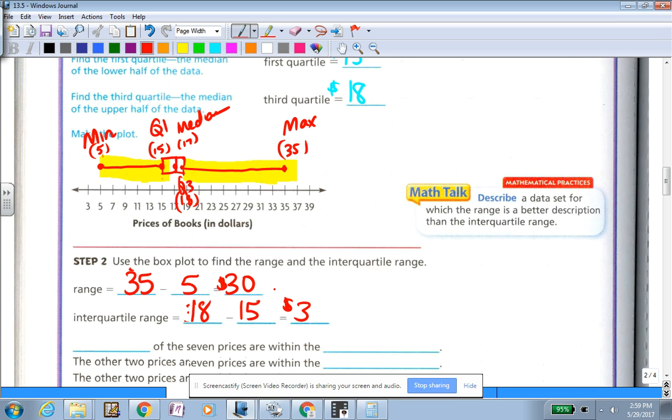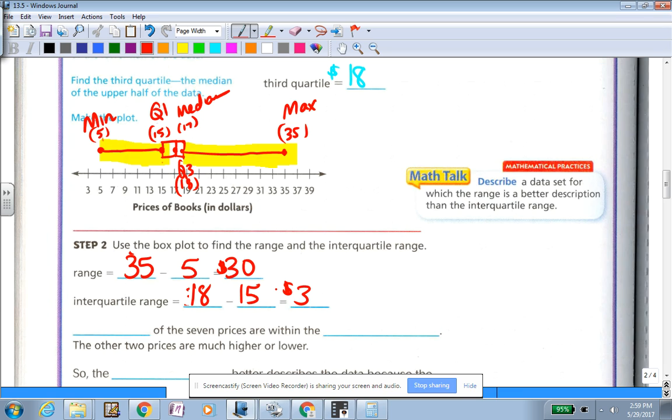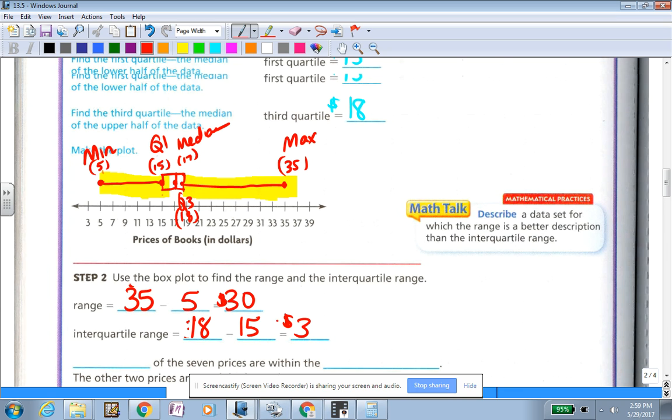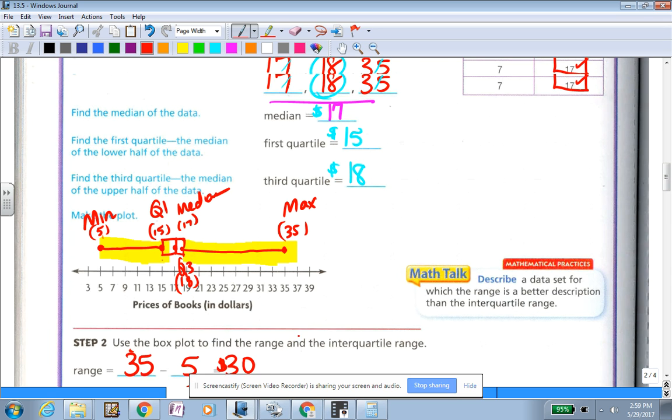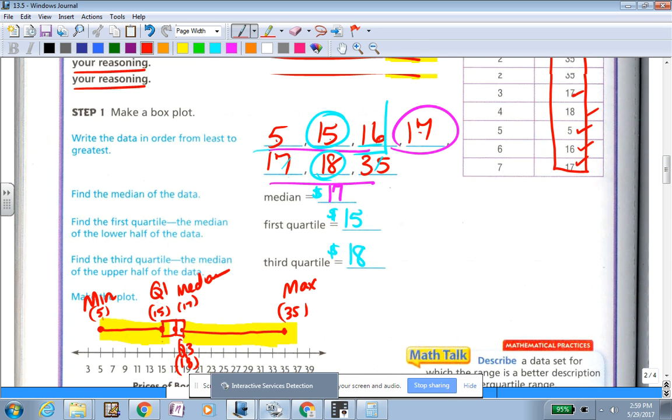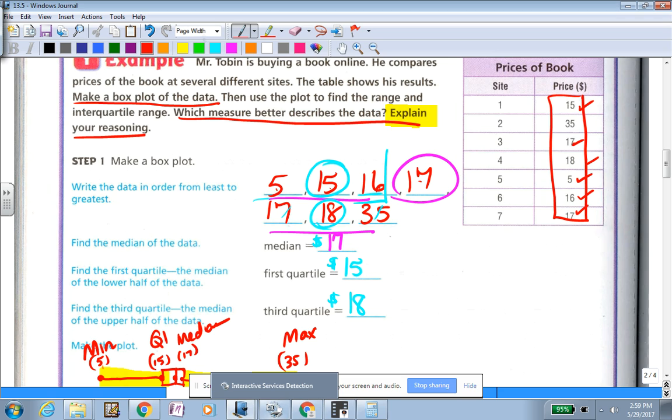Now, when we look at these, how many of the 7 prices are actually within the interquartile range? So let's go back to our data. If I look between 15 and 18, how many data values are between 15 and 18? Let's highlight them. 1, 2, 3, 4, 5 between 15 and 18.